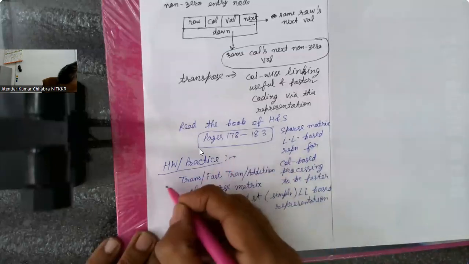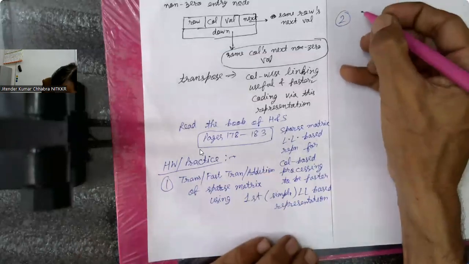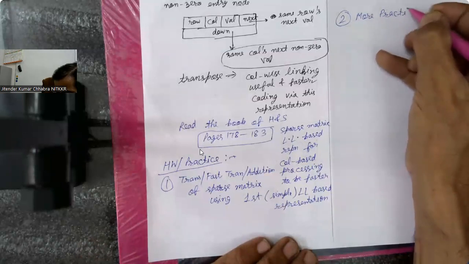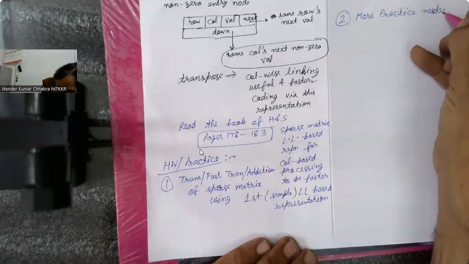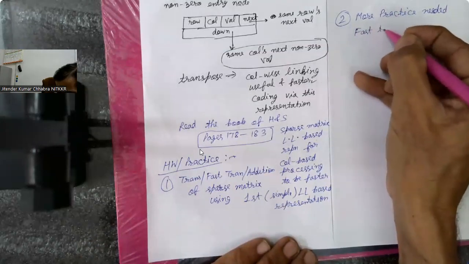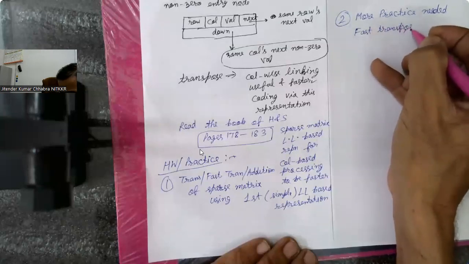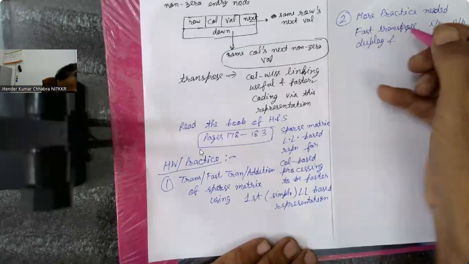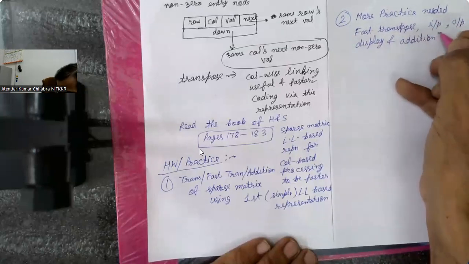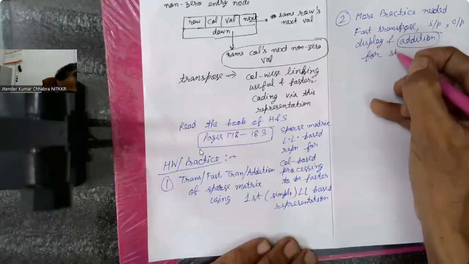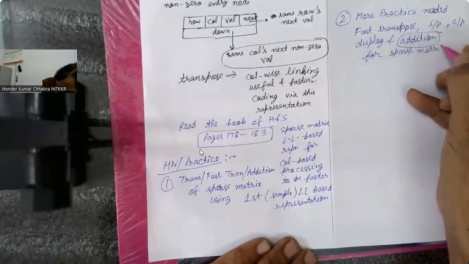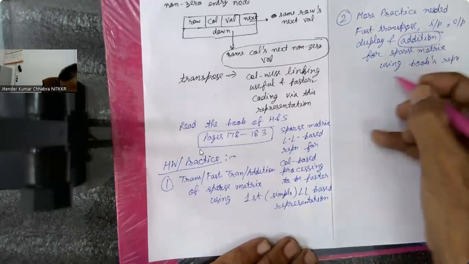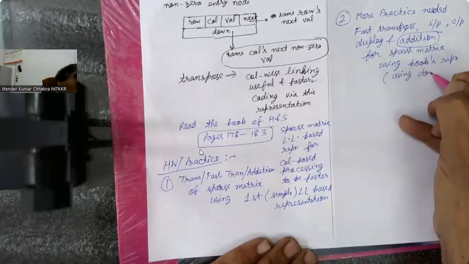Then second, an even more difficult problem needing more practice: fast transpose, along with input reading, output display, and addition if you want to try, of sparse matrices using the book's representation, means using downlink also.